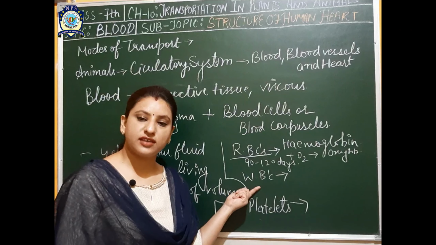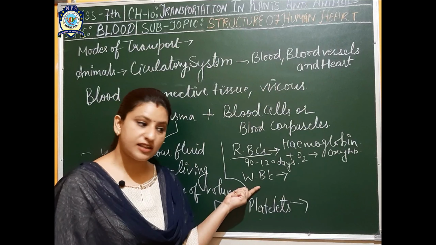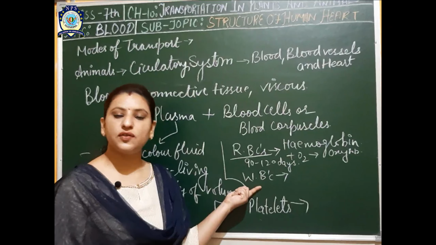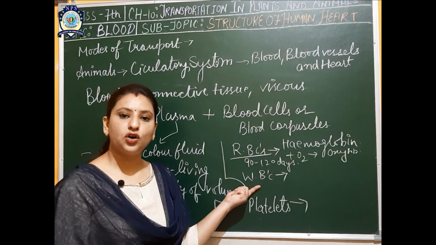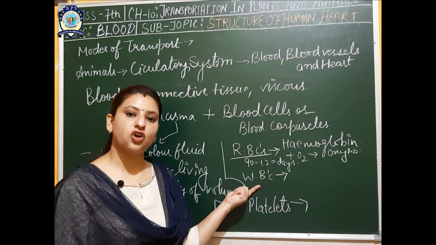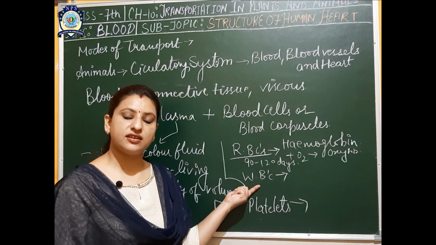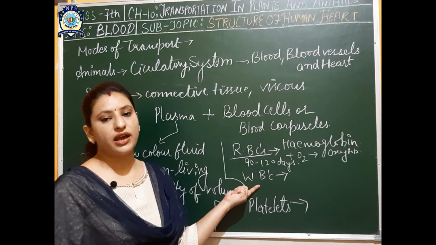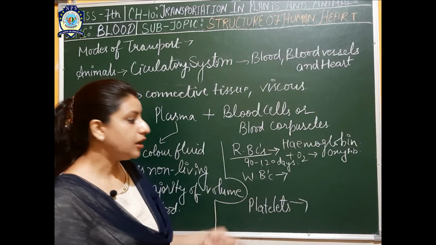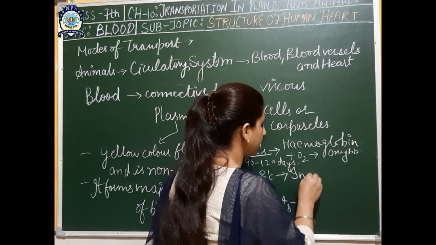WBCs are called white blood cells, and these help in fighting disease causing agents present in the body, and they also help in strengthening the immune system of the body.